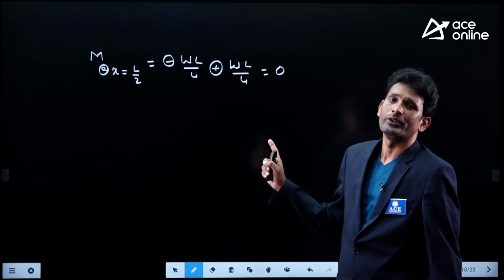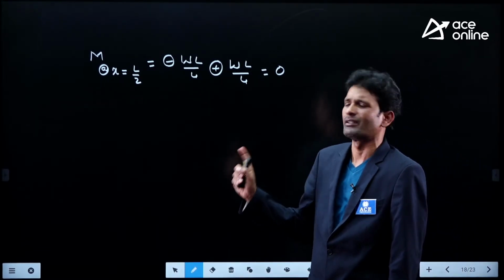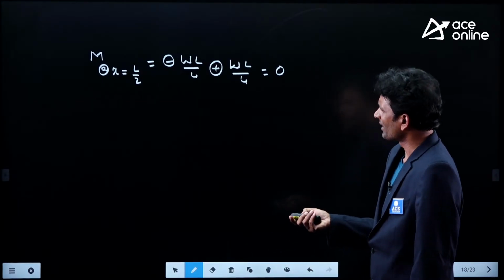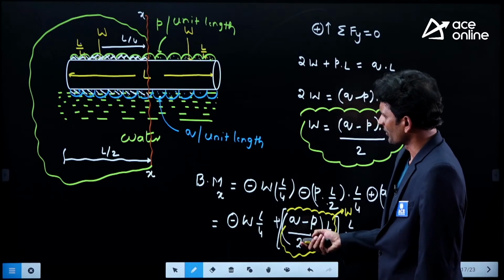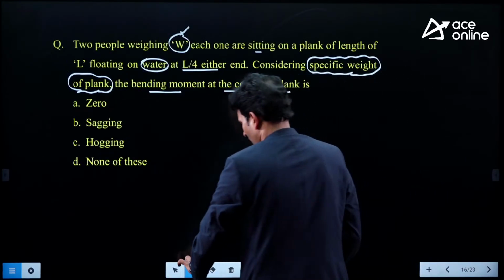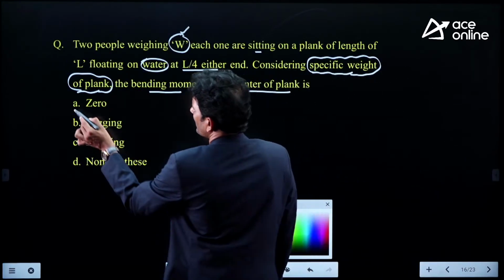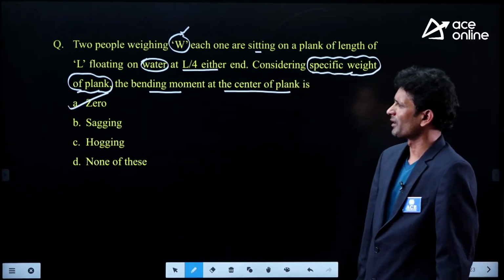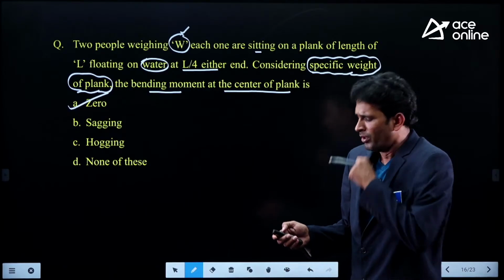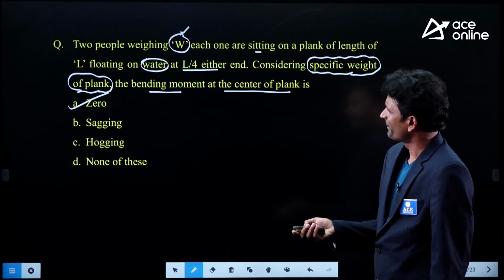This is the way you find the bending moment at a given section. Either you consider left hand side forces or right hand side forces. What is the option in this case? Yes, this is the correct answer, 0. The bending moment available in this particular case is 0, right?